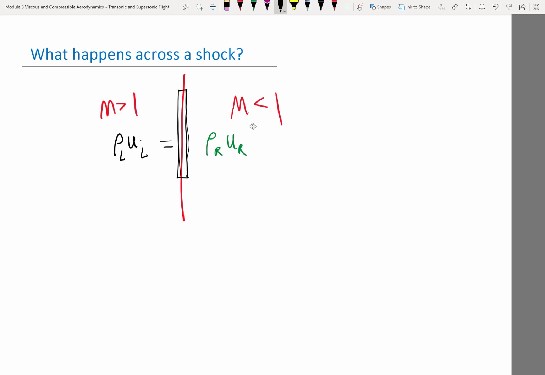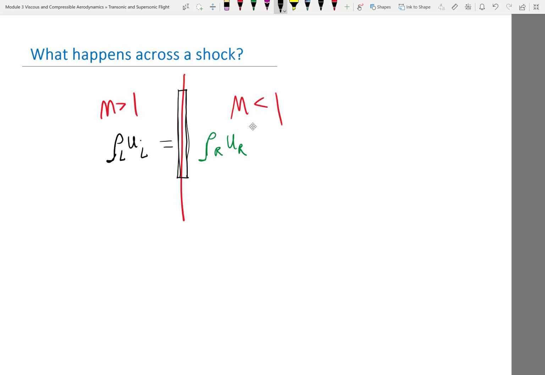So the fact that the velocity decreases suddenly by a lot means the density would increase suddenly by a lot, just from this, because UL is a lot faster than UR. Rho L is going to be a lot smaller than rho R. Now conservation of momentum.